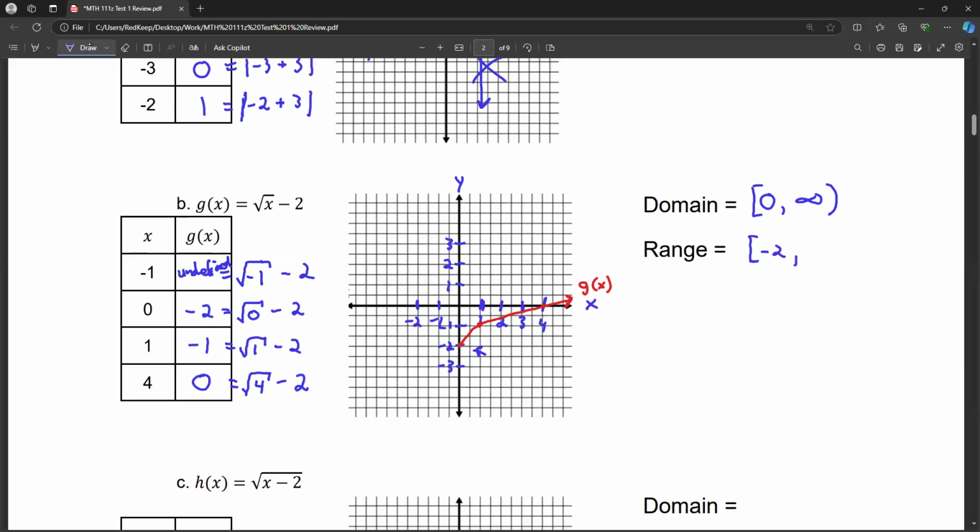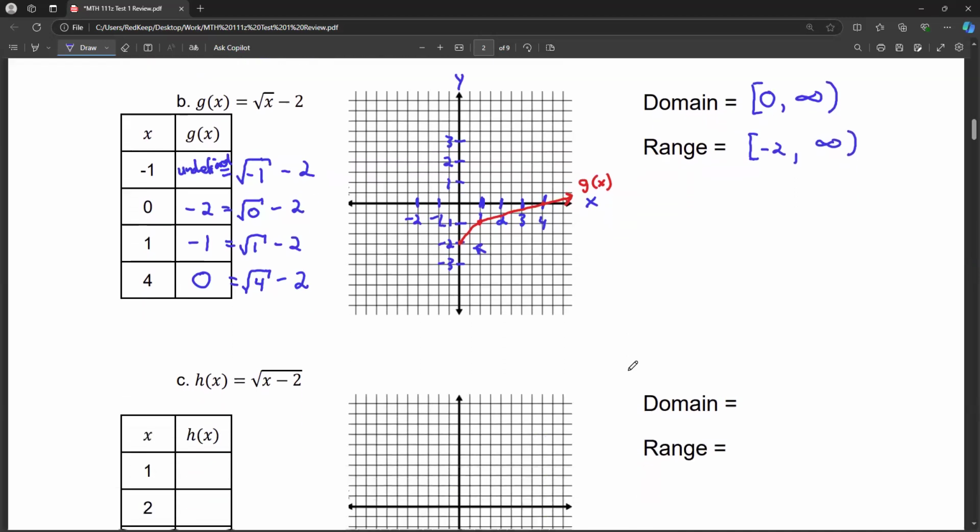And just as the x values went off to positive infinity, we can see that the y values, even though it doesn't look like it's growing very fast, will indeed continue off to positive infinity. Perfect. Okay, so moving on to part C.